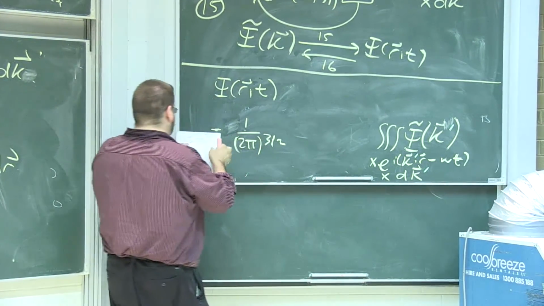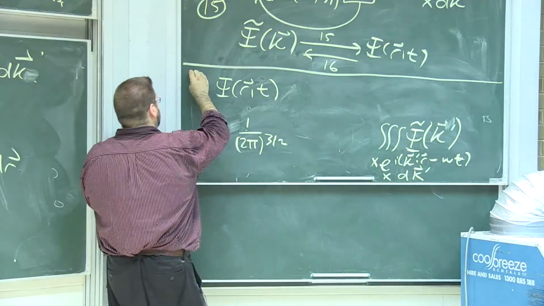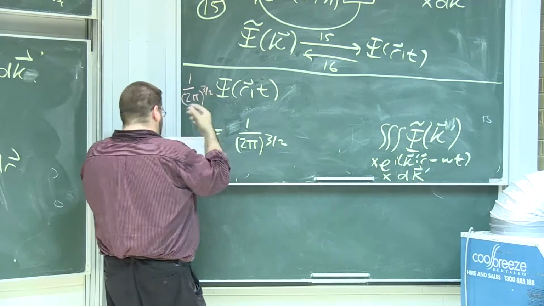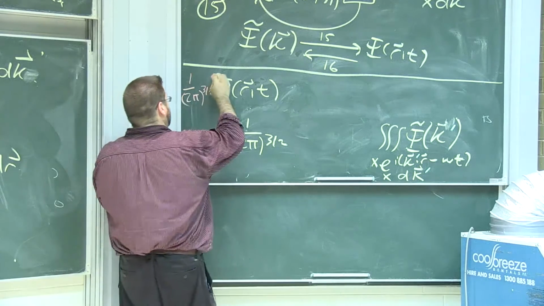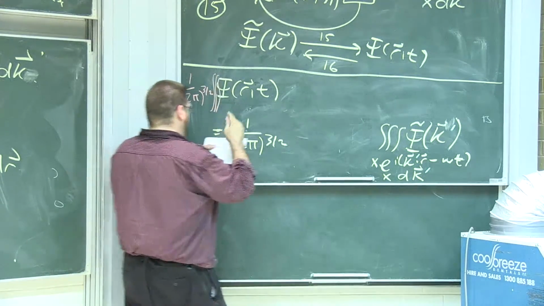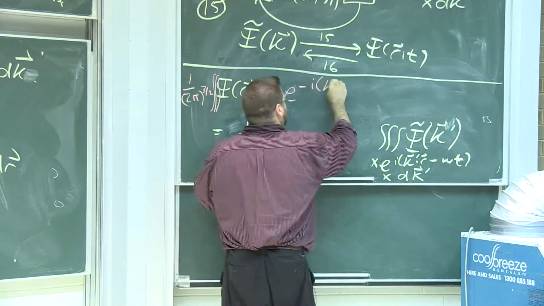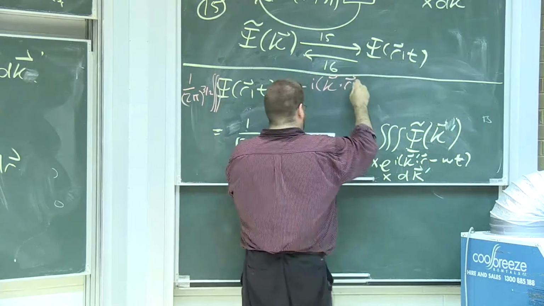What is the right-hand side of 16? Well, it's 1 on 2 pi to the 3 on 2. I'm just writing down what I want. Triple integral of psi of r, t, e to the minus. This is actually what we want to prove, right?